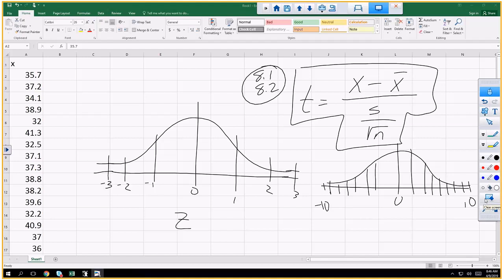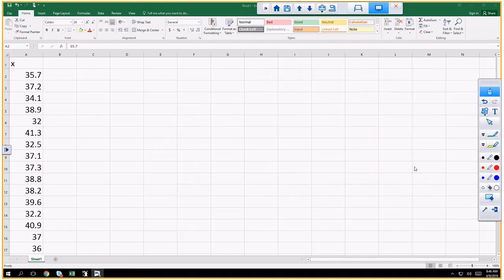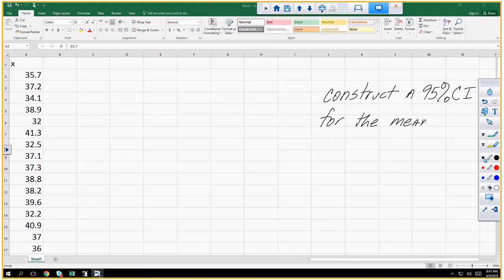I'll write this on the board, just hold on. Construct a 95% confidence interval for the mean MPG.